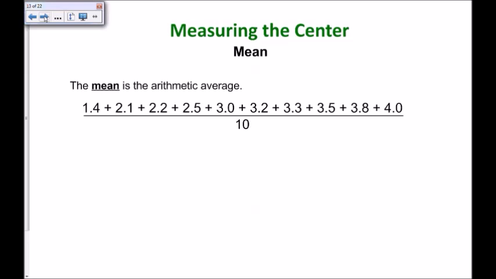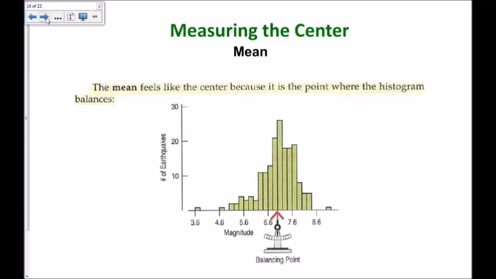If I add up these 10 numbers, I get 29, divided by 10 is 2.9, and the mean, or the average, is 2.9. Now the mean also feels like the center because it is the point where the histogram balances. It takes into account all the data points and finds the place where it balances nicely.